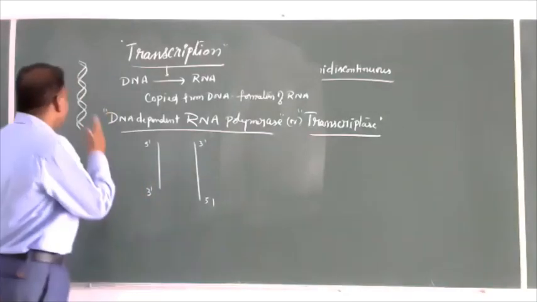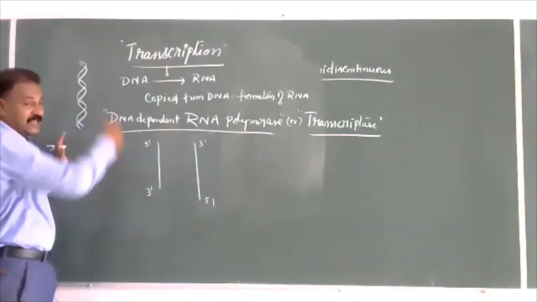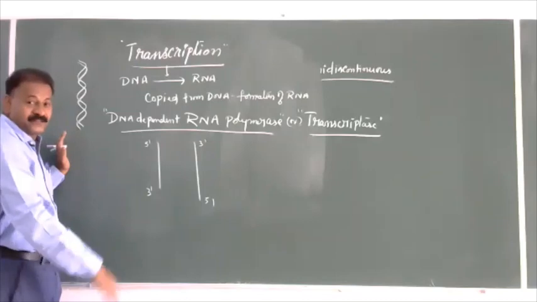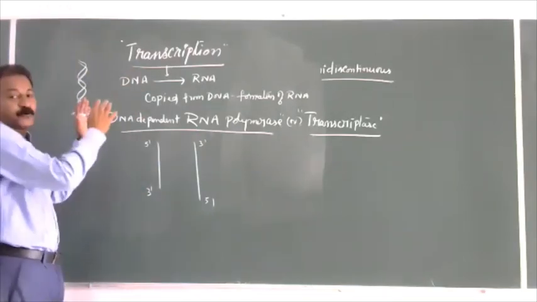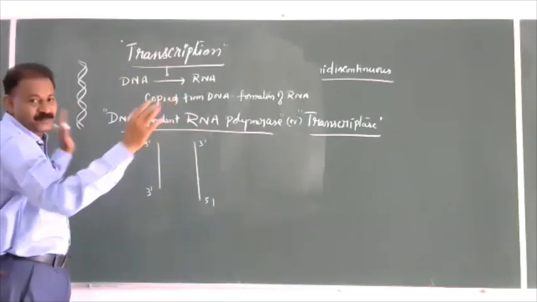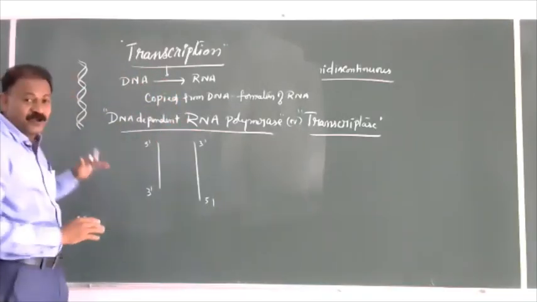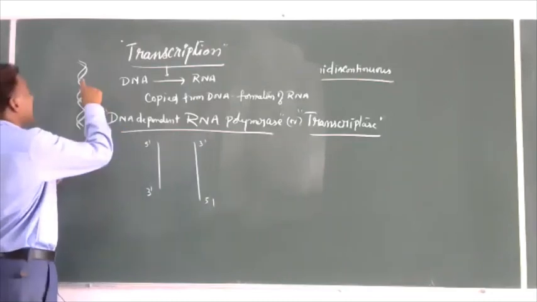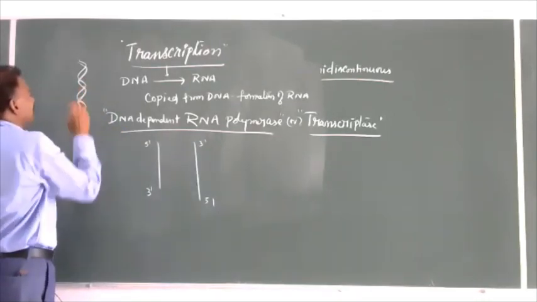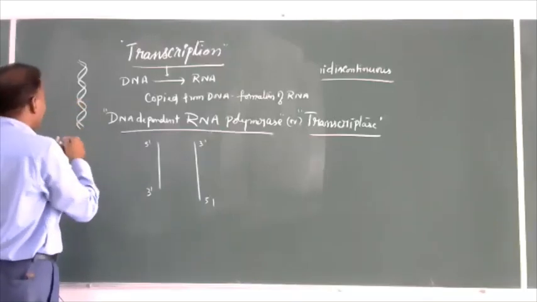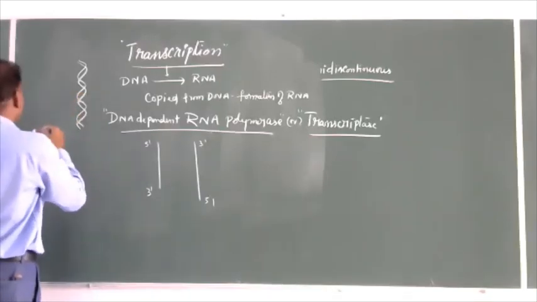In DNA replication, the total DNA molecule separates completely in the form of small fragments and produces two daughter DNA molecules. But here, the total DNA molecule is not opening. A segment or a part of the DNA is opening. I'm going to show you here.